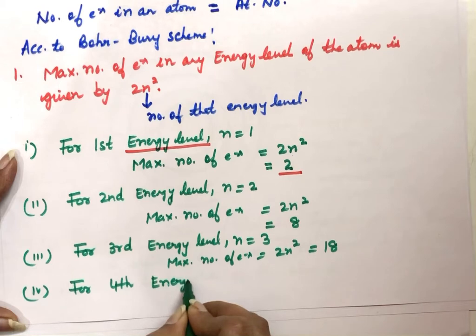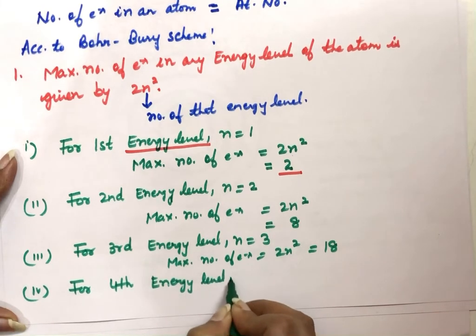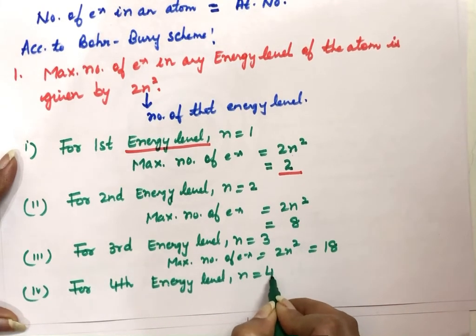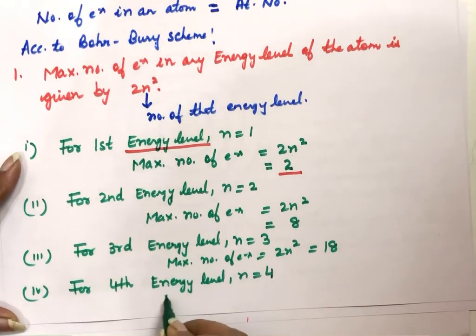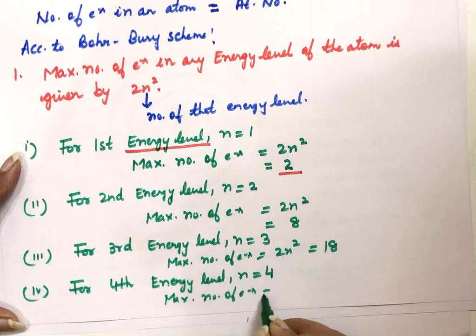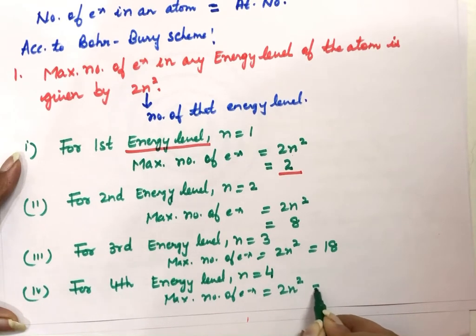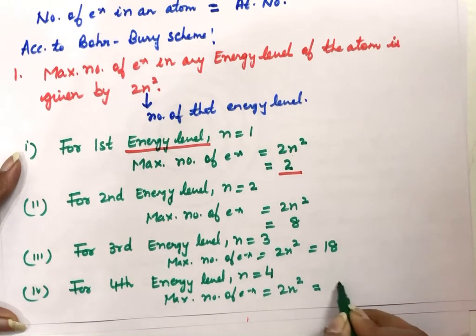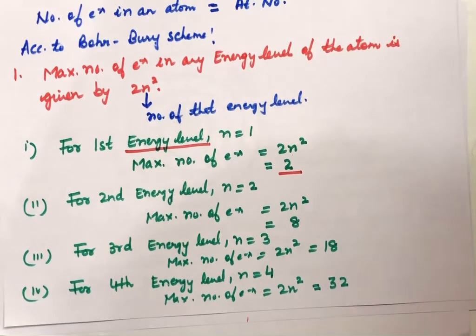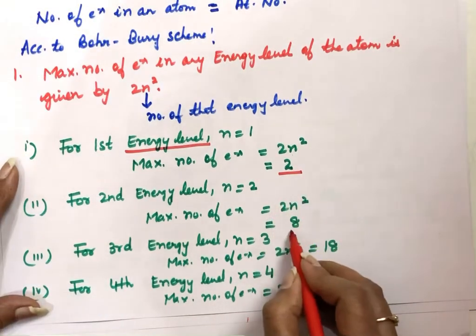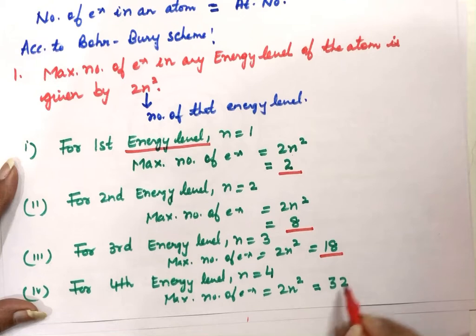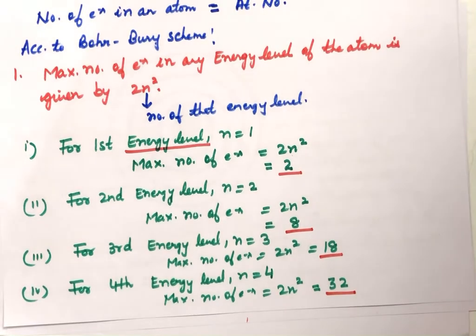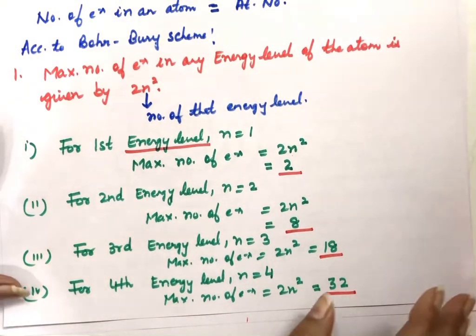Using this formula, we can find out how many maximum electrons can be there in any energy level. Maximum number of electrons which can be filled in this shell, fill the n value as 4 here. This will come out to be equal to 32. So first energy level 2 electrons, second 8, third 18 and fourth maximum we can fill 32.